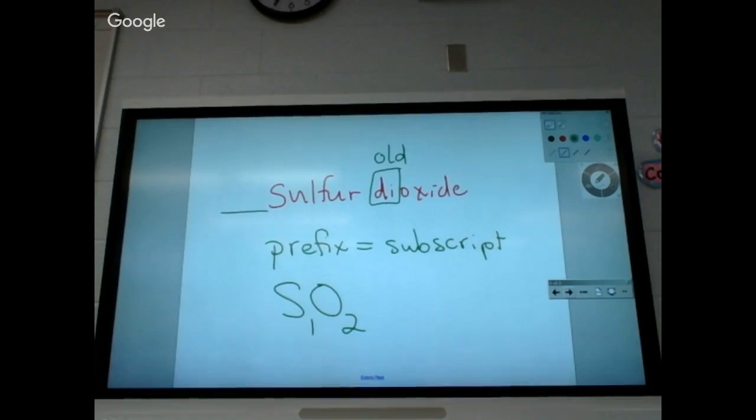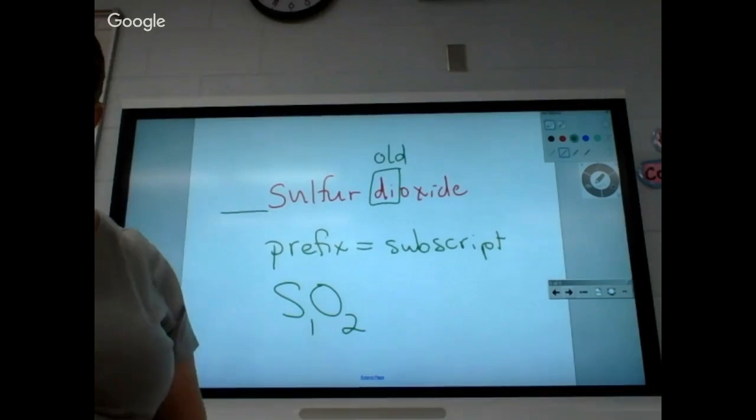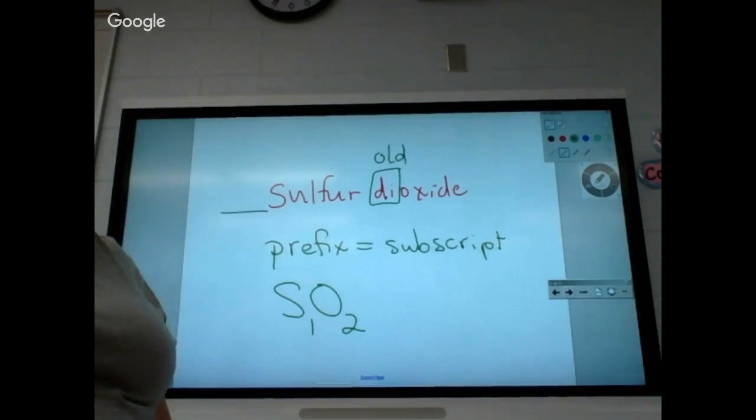That one can be named either way. 14, potassium nitride. 15 can be named either way, sulfur 6 oxide or sulfur trioxide. 16, manganese 5 oxide. 17 is potassium thiosulfate. 18 is lead 2 nitrate. And 19 is zinc hydroxide.